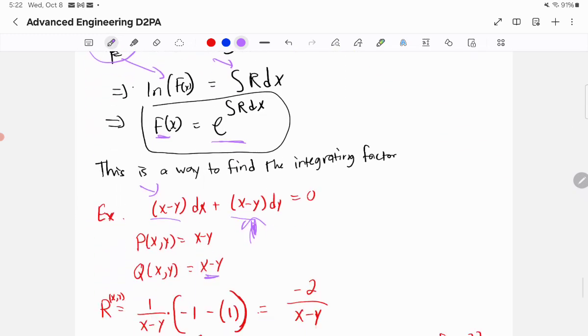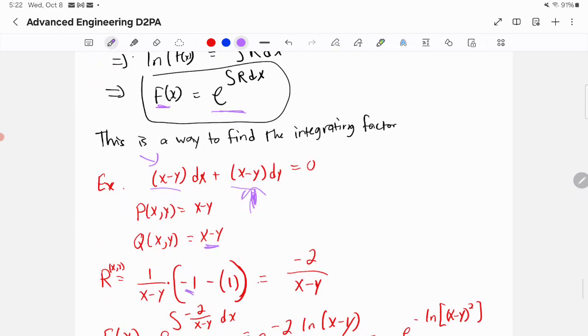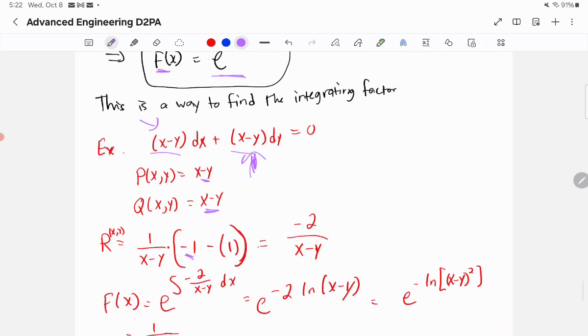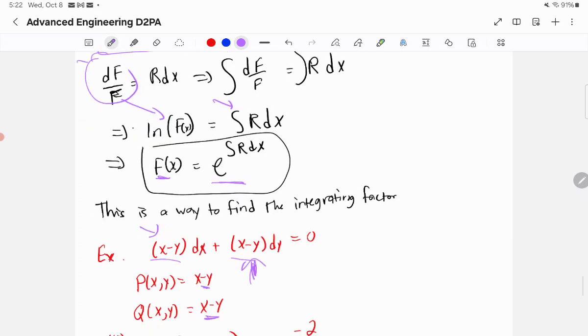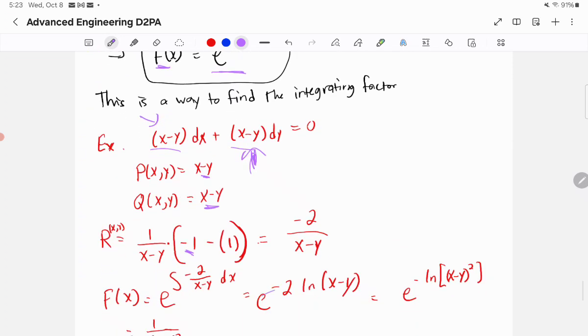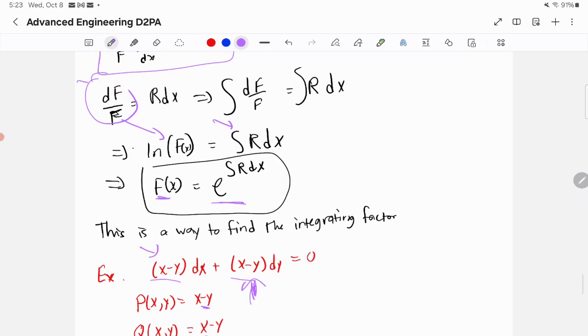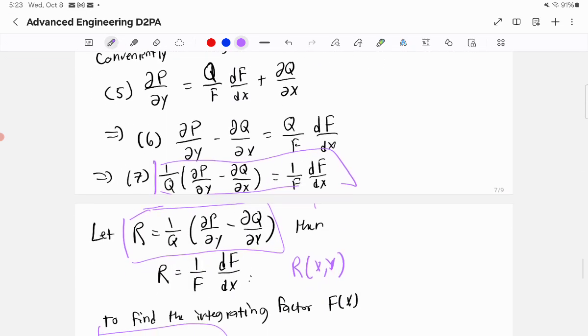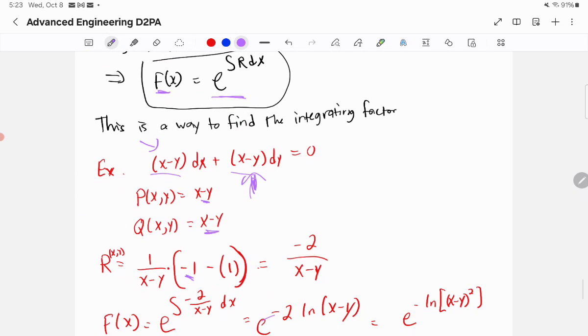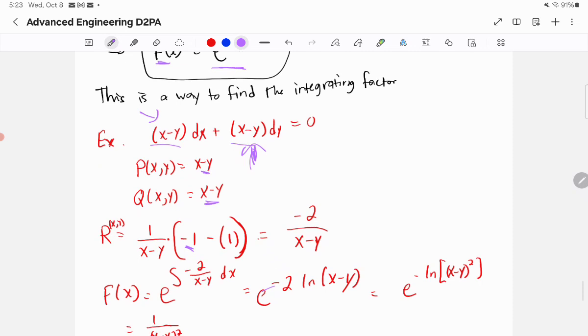Well, dp dy is -1, because the derivative of this with respect to y, there's a minus sign there, so it's -1. dq dx is just plain 1, so when I subtract those two based on our formulation up here, right here, I have to subtract them, right? This was just algebraically, we proved this. Then I get -2 here.